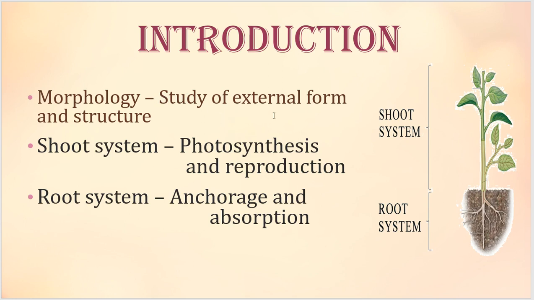In morphology, the plant morphology is divided into two major aspects: vegetative morphology and reproductive morphology. So in vegetative morphology, we will be learning about the vegetative parts of a plant. In reproductive morphology, the reproductive part of a plant, which is the flower.